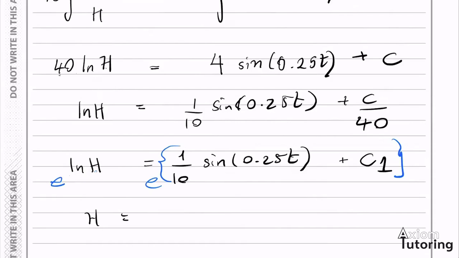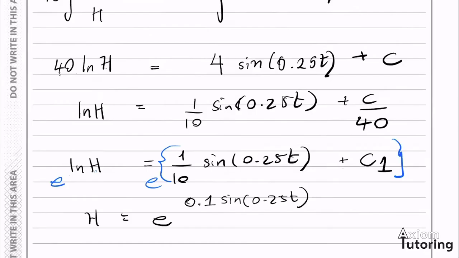So then on the left, we get h. On the right, because we're raising all of that to the power of e, we get e to the power of a tenth, let's write that as 0.1, sine of 0.25t, now plus c1.